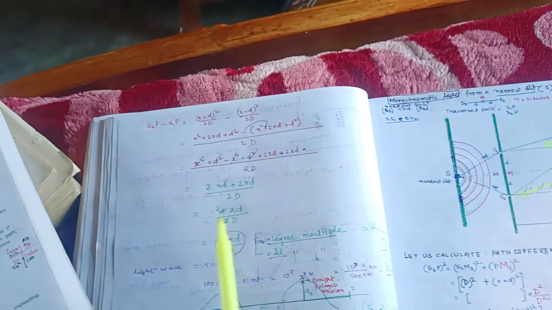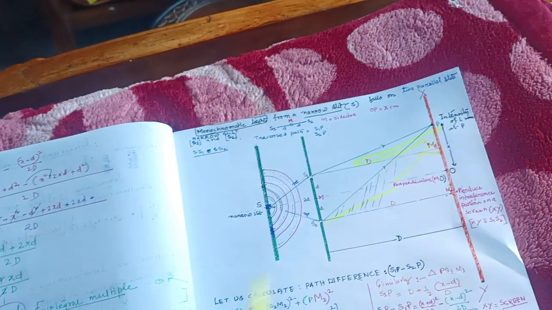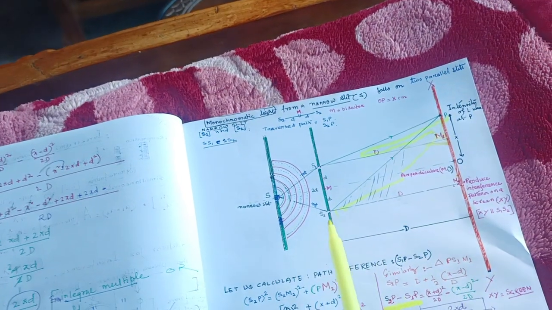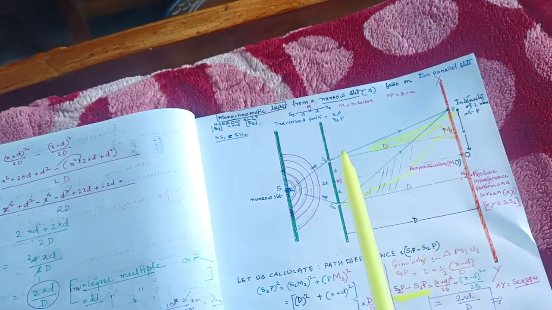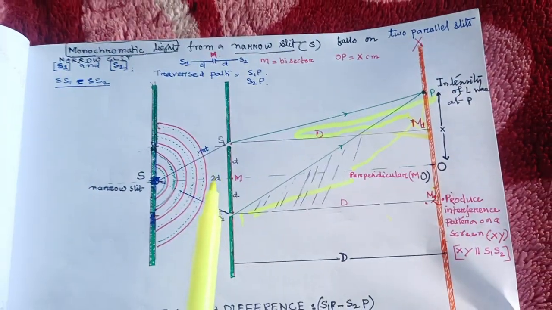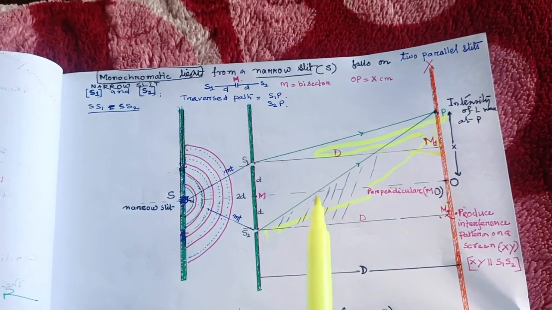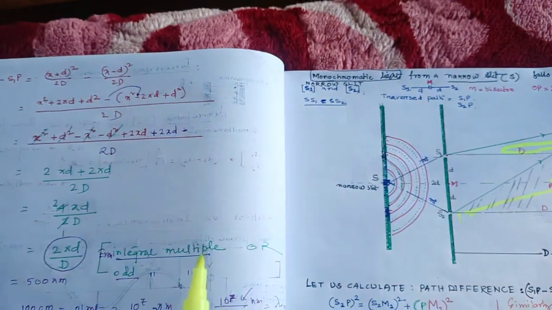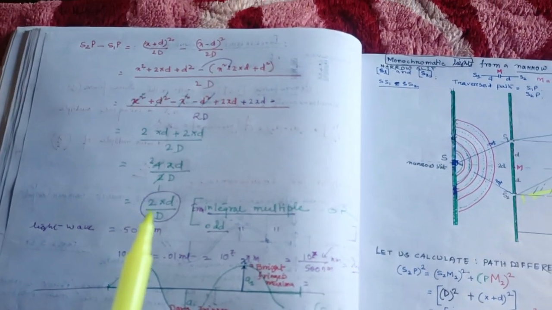This depends on two light waves which are passing through the narrow slits S1 and S2, and now we have already calculated the path difference between S2P and S1P.